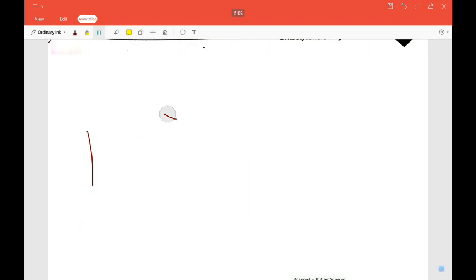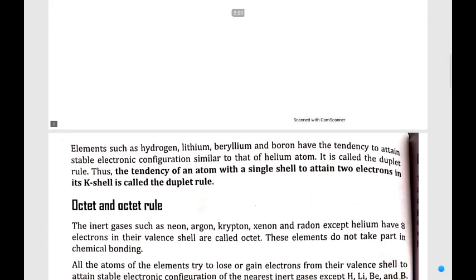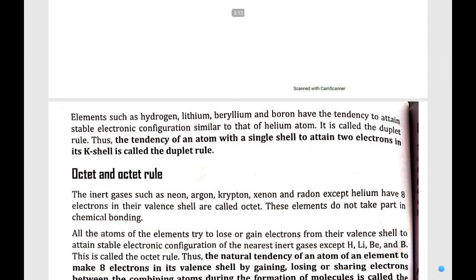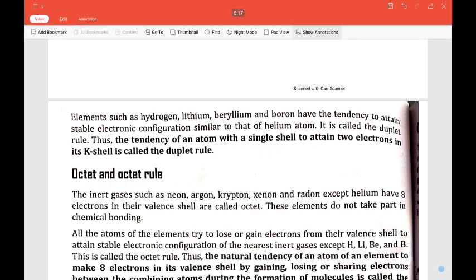The electron holding capacity of K cell is 2. It is completely filled. It does not need any more electrons to be stable. So helium is in duplet, but other elements are not in duplet.